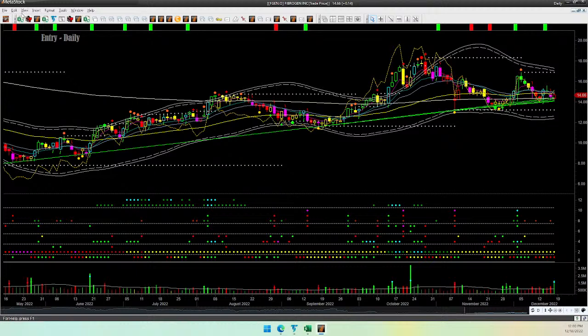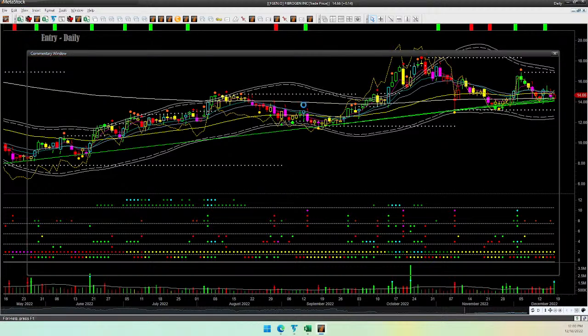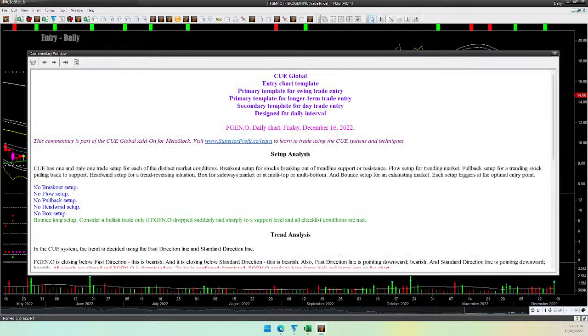And by the way, once again, if I look at the expert commentary for the entry chart in the setup analysis, you see the bounce setup has now come up with green color. Consider a bullish trade only if it drops sharply and suddenly, and that will confirm the bounce setup.